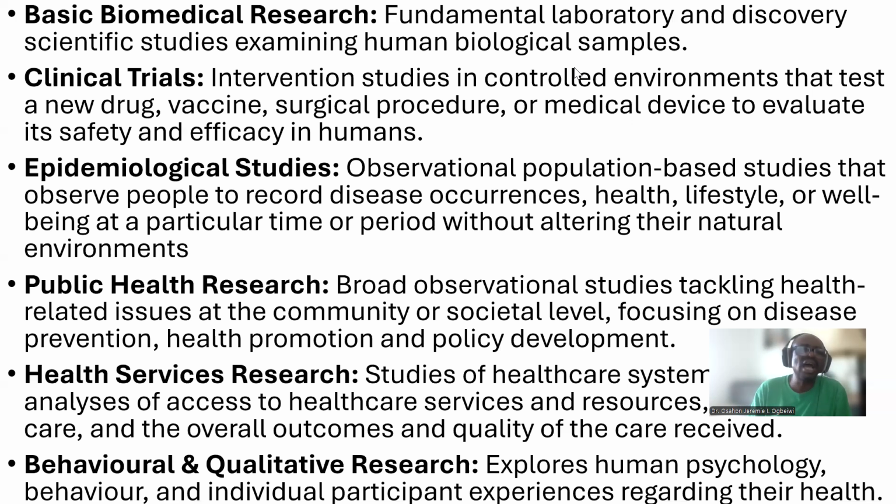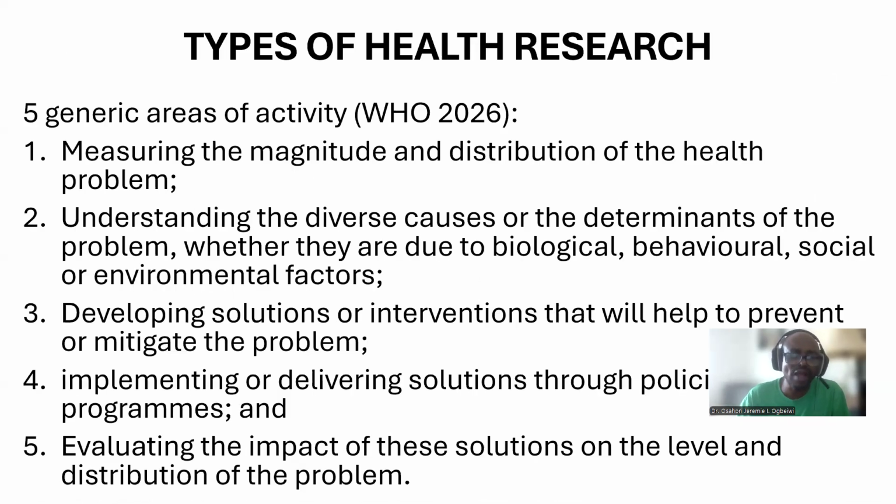So these are the six examples of health research. Okay, and they are based on these five aspects that the WHO states are the generic areas of activity of health research.